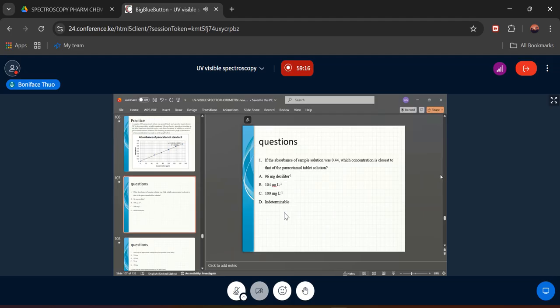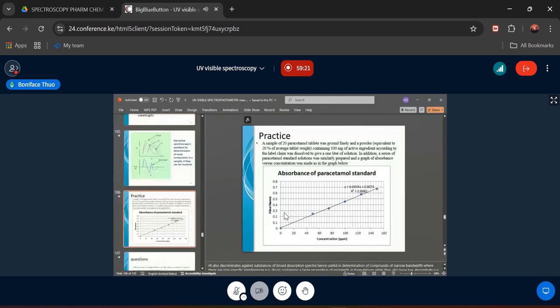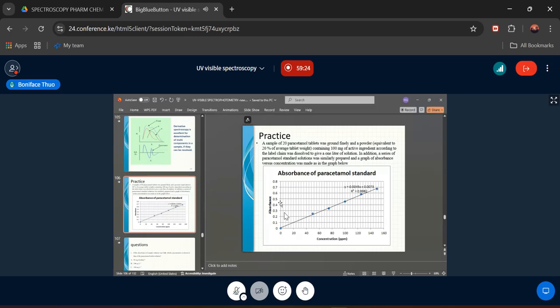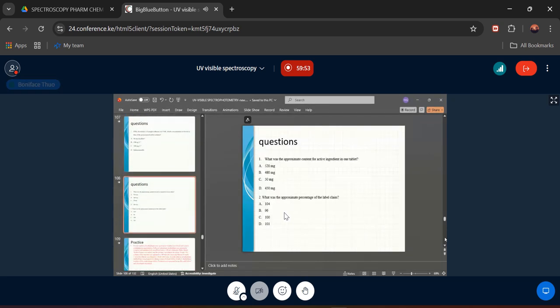You have various values given there, but what you need to do, given 0.44, is plot and estimate 0.44, extend a horizontal line up to the point where you bisect the line, the curve, and drop down to get the concentration from the concentration axis. Alternatively, you can plug 0.44 into this equation and calculate the exact amount.